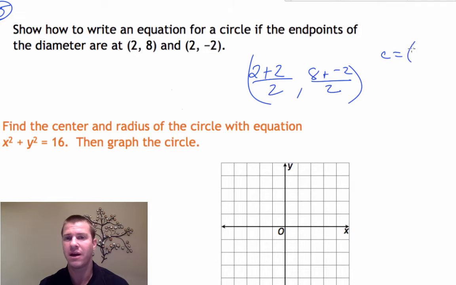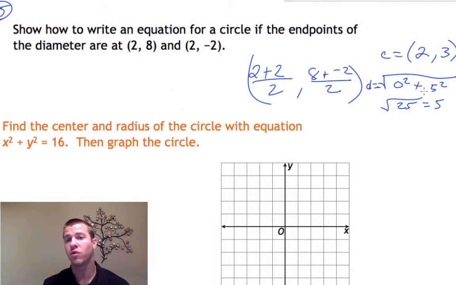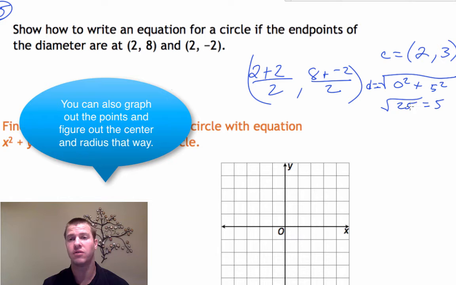So my center is 4 divided by 2 is 2, 6 divided by 2 is 3. I have the center 2, 3. And I need to find the radius, which is the distance formula from the center to one of the points. So I have the square root of 0 squared plus 5 squared, which is the square root of 25, equals 5.